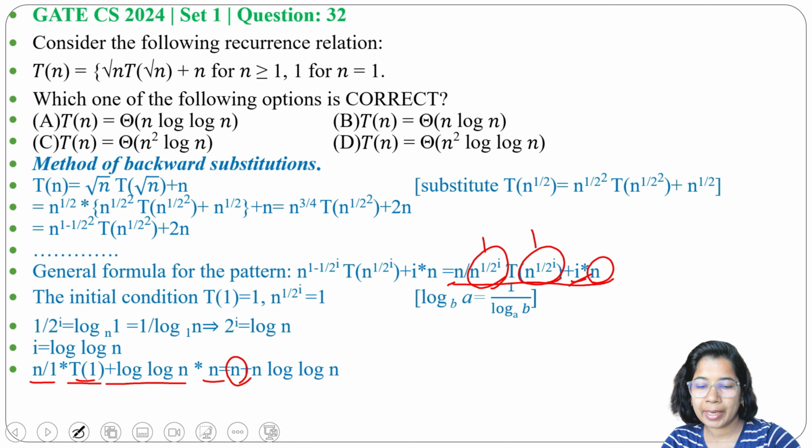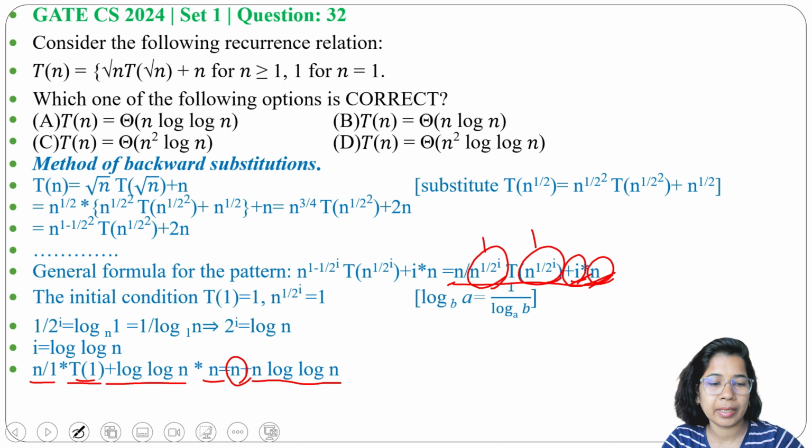We got n plus n log of n, right? Before, one n is given and the i value is found as log of n. So n multiplied by i equals n multiplied by log of n.